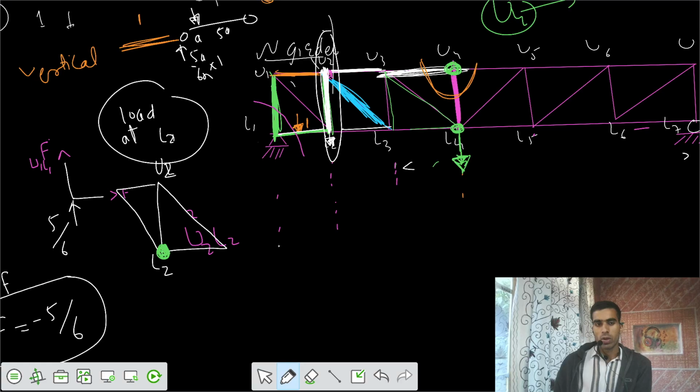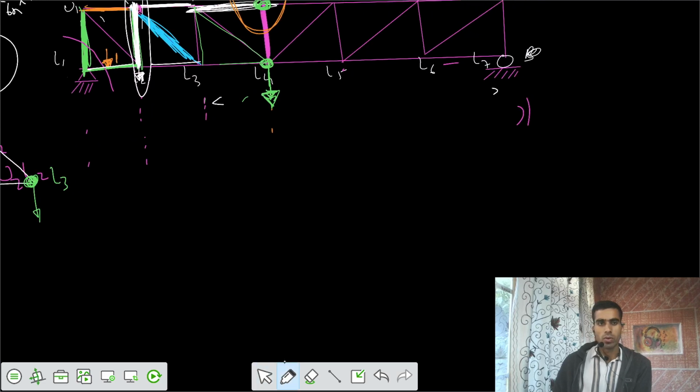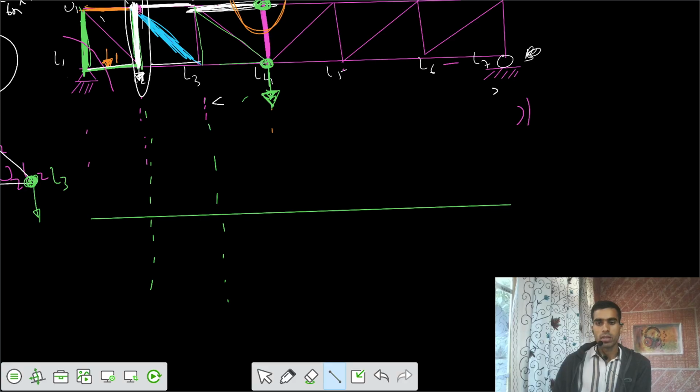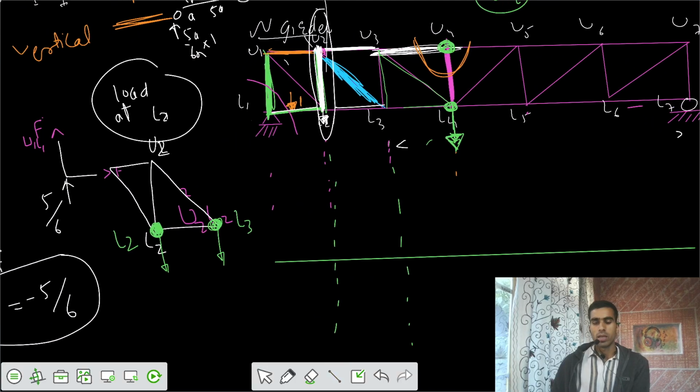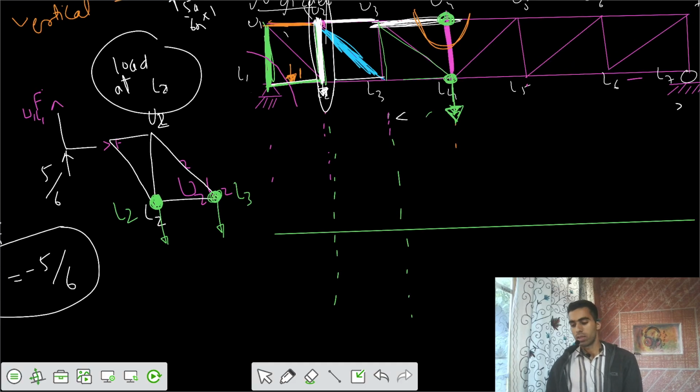One joint is this one, and one more joint is this one. That means two critical locations. One is at L2 and one is at L3. L2 and L3 are the two critical locations we have. That means we need to get the values of the ILD at those two critical points.